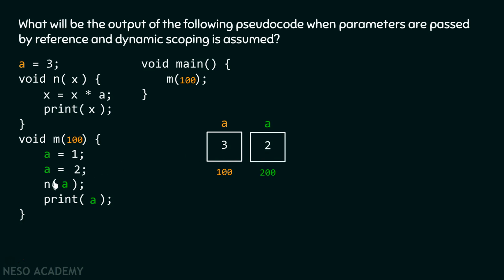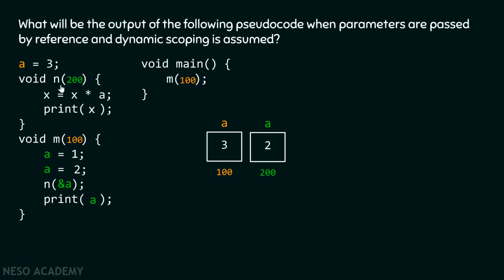After that, we are calling this function N, and again we are passing the address of A, which is local to this function and not the value of A, because we are assuming parameters are passed by reference. Therefore, this is nothing but ampersand of A, which means address of A, and hence this particular pointer will receive the address 200, which is the address of the variable local to this function.